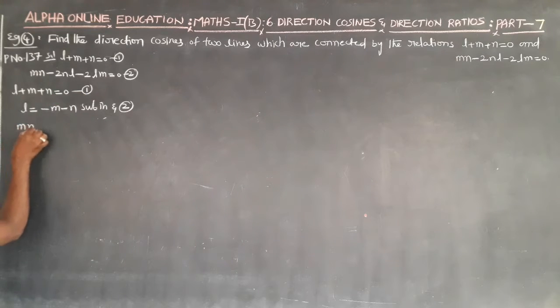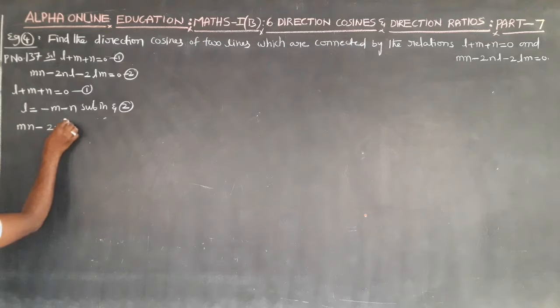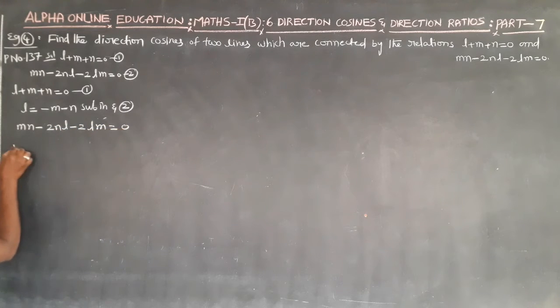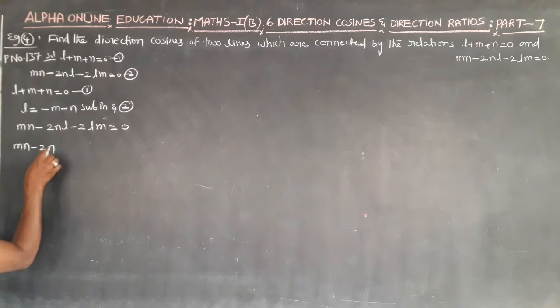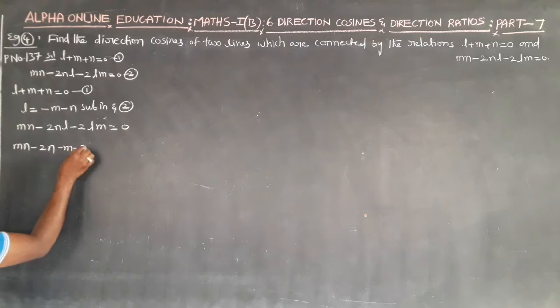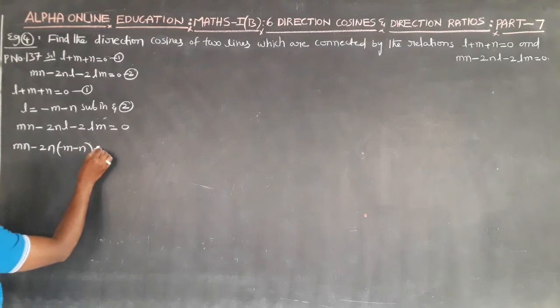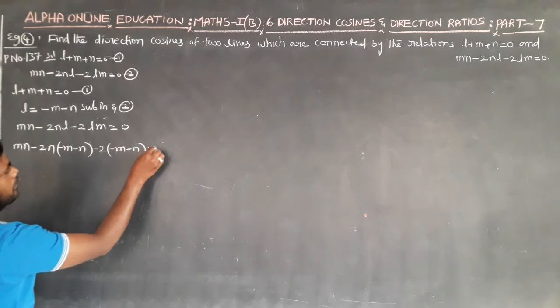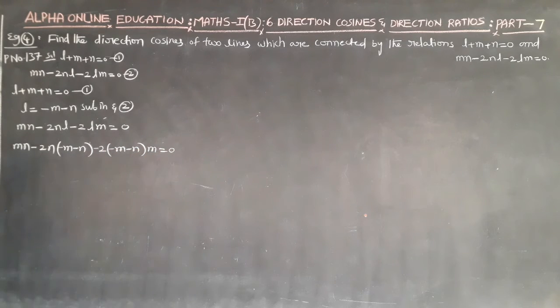Equation number 2 is Mn minus 2NL minus 2Lm is equal to 0. Mn minus 2N into L, L is equal to minus M minus N, minus 2 into minus M minus N into M is equal to 0.